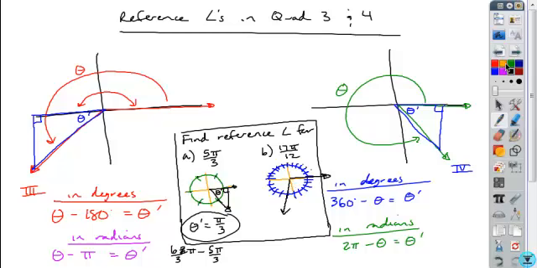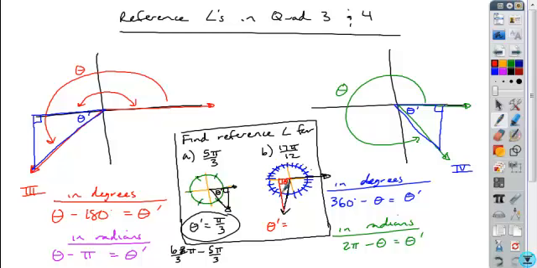When I draw in my reference triangle, it's just a vertical line from the ending side, that terminal side, to the x-axis. And my reference angle is the angle formed at the origin. My theta prime can be solved by, remember, we count backwards. How many to get from here back to this 180 degrees or pi radians?